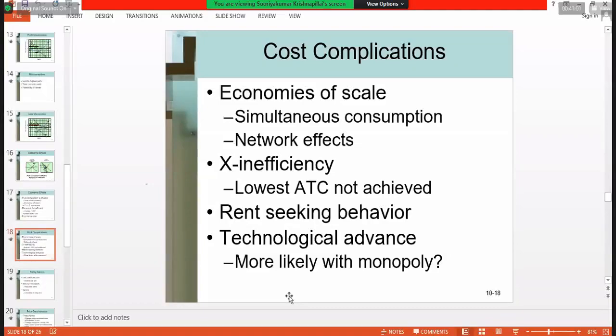Another one, network effect, also for some products, the average total cost decreases, economies of scale. Now, Dialog has many people with Dialog connections. So anyone who buys any phone wants to have a Dialog SIM because others have a Dialog SIM.